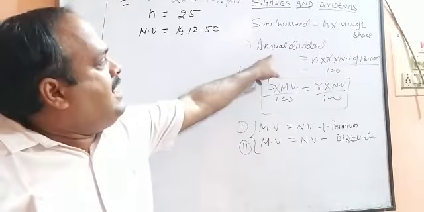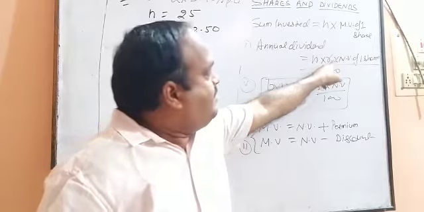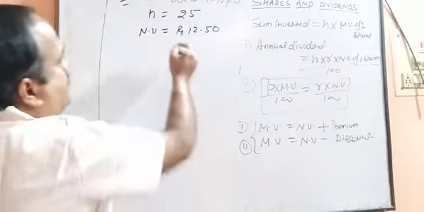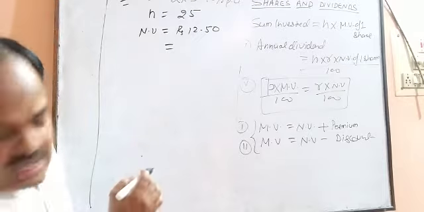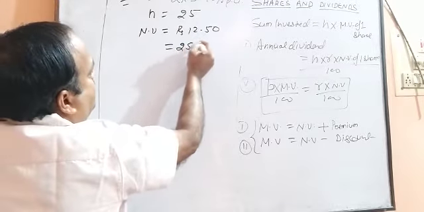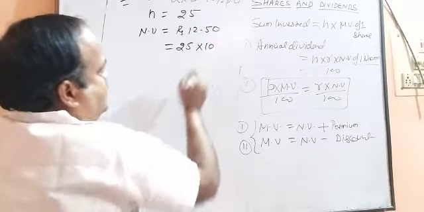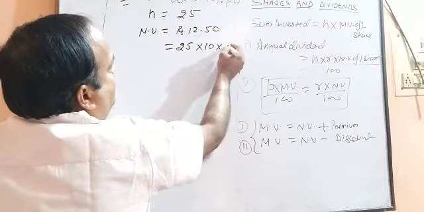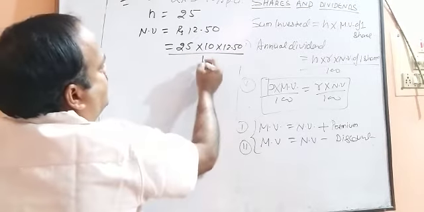The formula is written here. Annual dividend is equal to number of shares into rate of dividend declared by the company into nominal value upon 100. So number of shares purchased by Mr. Krishan Lal is 25, rate of dividend declared by the company annually 10%, into nominal value 12.50 upon 100.